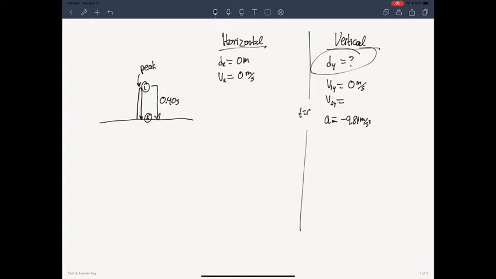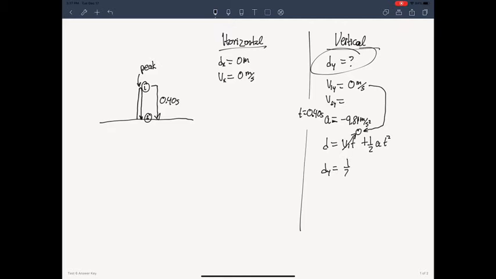So that's our time. It's half the time of the total. So now we have enough information to solve for dy because d is equal to vit plus 1/2 at squared. And you can see that vit is going to go to 0 because VIY is 0, so that goes away. So we're going to find what dy is.